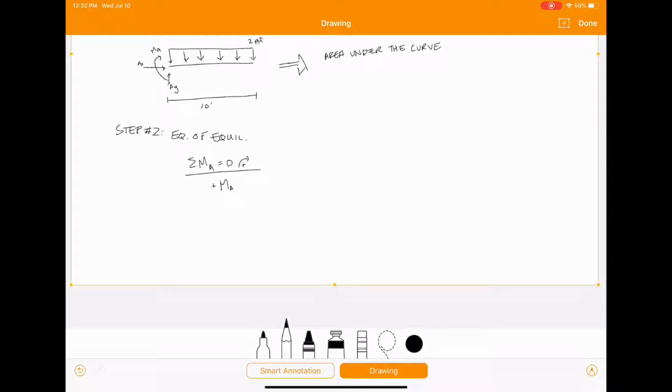So area of a rectangle is base times height. So the base is going to be our length, which is 10 feet, times our height, which is 2 PLF.